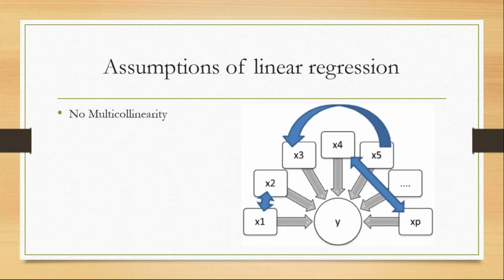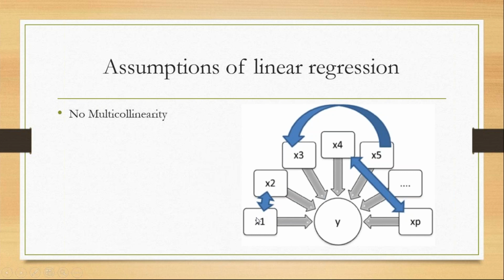And also the final thing is multicollinearity. Multicollinearity means there shouldn't be dependency between the independent variables. For example, if my x1 and x2 both are dependent on each other, and I have put both of them in my linear regression formula, then it will tend to overfit my value of y. Instead, I should consider only the one which is making more significant impact and remove the other.